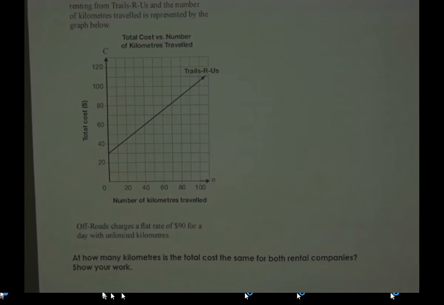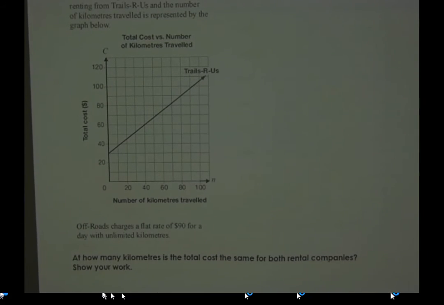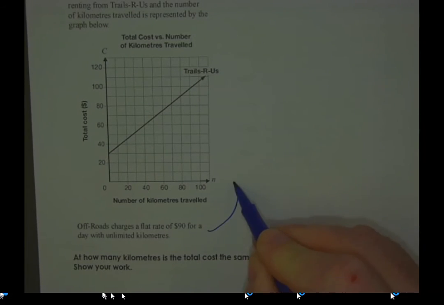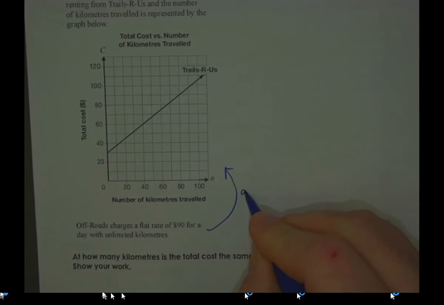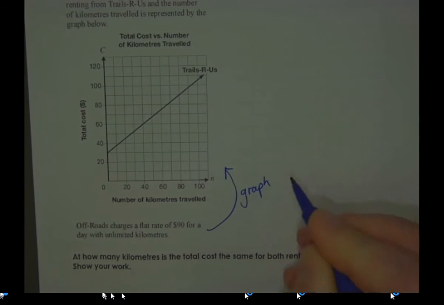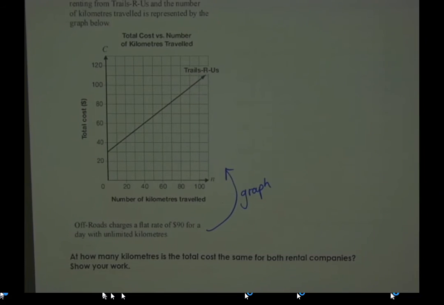So for some people, okay, they might want to put that information on the graph. What does that look like on the graph? Well, $90 is going to charge me $90 for as many kilometers as I want to go. Someone might ask me, what does that represent?